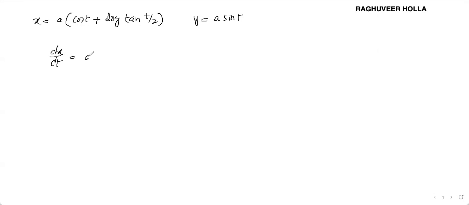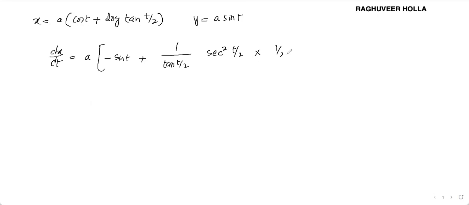So this will be a, differentiation of cos is minus sine, and a log plus 1 by tan t by 2. Differentiation of tan is secant square t by 2. Again, differentiation of t by 2 results in half.